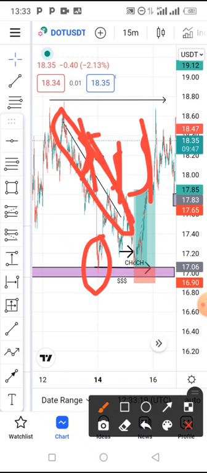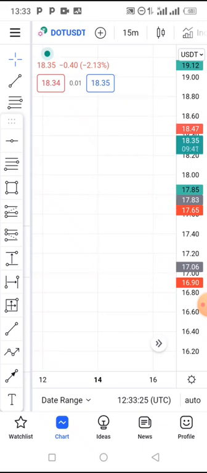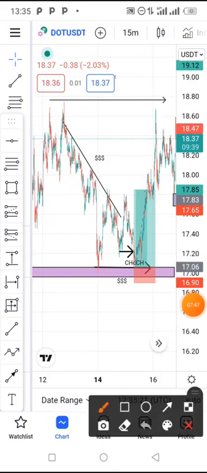So basically, what we want to do here is to grab the whole of the liquidity line here. You want the market to grab all the liquidity.